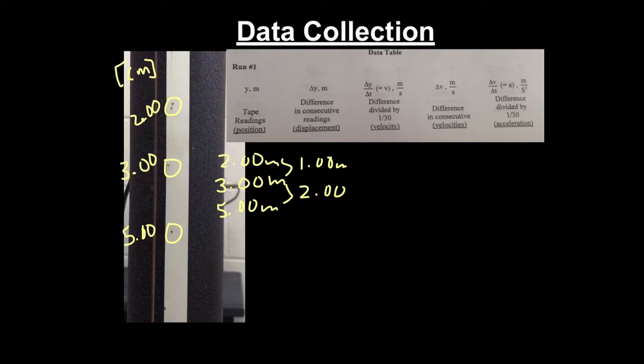Then we care about what is our velocity right here. So change in y over change in time. So the change in this would be 1 meter. 1 meter divided by 1 over 30, which equals 30 meters per second. Your second one down here would be 2 meters over 1 over 30, so this equals 60 meters per second.